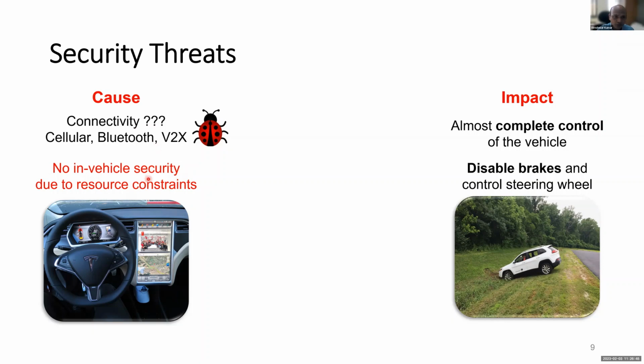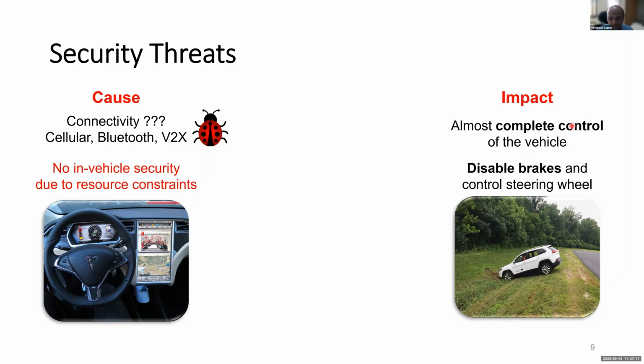If an attacker could bypass the security which is present in these communication protocols by default, then they can get access to the CAN bus of the vehicle. And because the CAN bus does not provide any security protocol, the attacker could have large, unlimited access for maneuvering the vehicle.